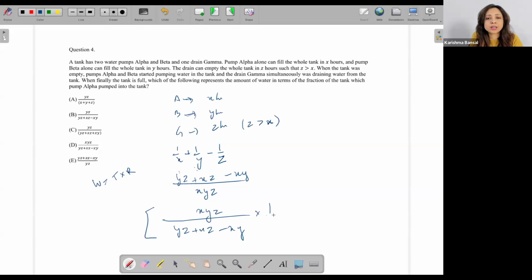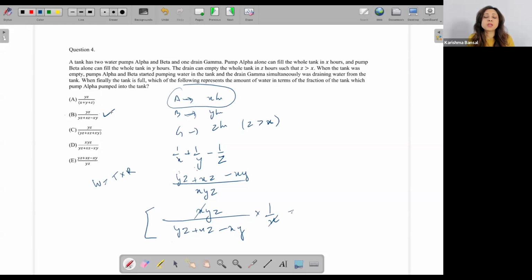The rate of alpha is 1 by X, because alpha alone takes X hours. So how much work was done by alpha? It is YZ upon this particular thing. Where do I have YZ? Yeah, here, exactly. So this is my answer.